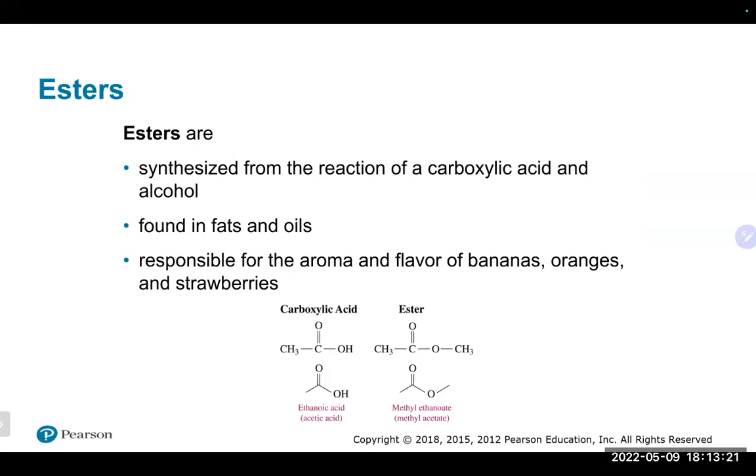So again, they really are synthesized from a carboxylic acid and an alcohol. How we make an ester, as we will see shortly, is through what is known as an esterification reaction. Basically we make it by taking the carboxylic acid and adding it to an alcohol.